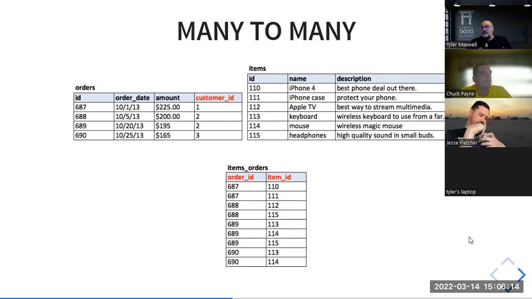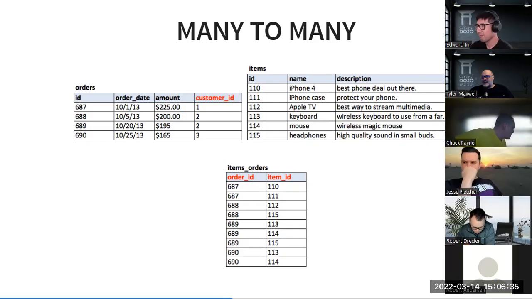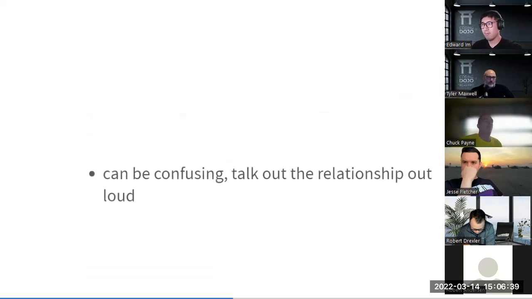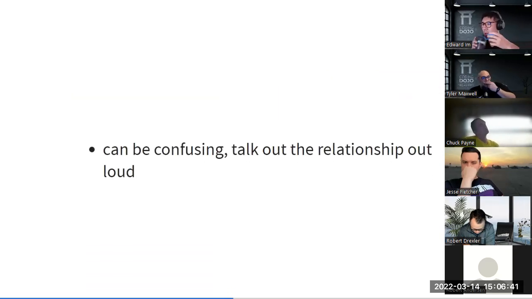Okay, so if we have likes, right? Likes is a common example of something where there's a many-to-many. All right, questions about many-to-many? Not right now. Okay. I might maybe later. Oh, they'll be coming. I get it. Okay. All right. So again, they can be confusing.